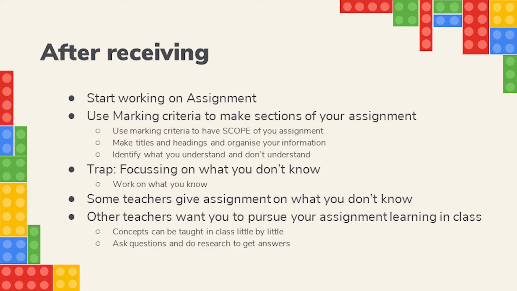You know, okay, these are the things. Once you do that, you will identify the scope of your assignment. Okay, this is what I need to cover. This I already know, and this I don't know. That's where mostly students get trapped.